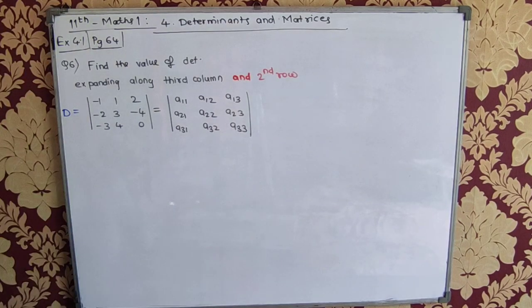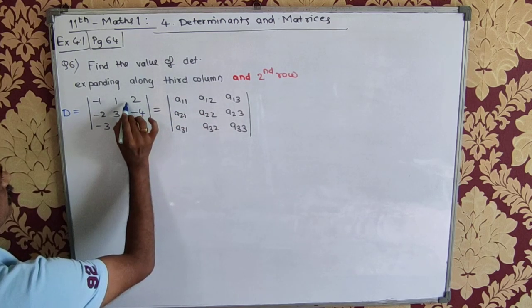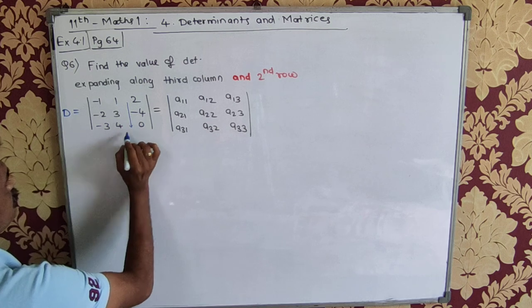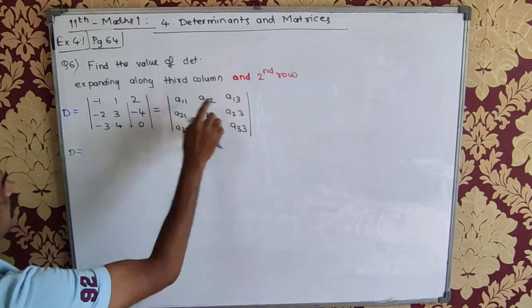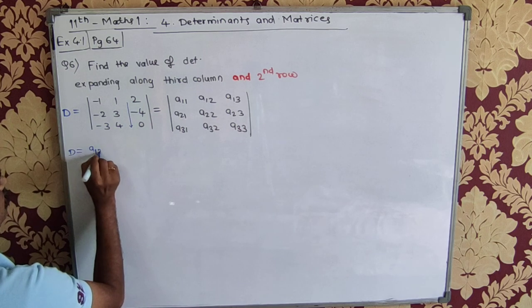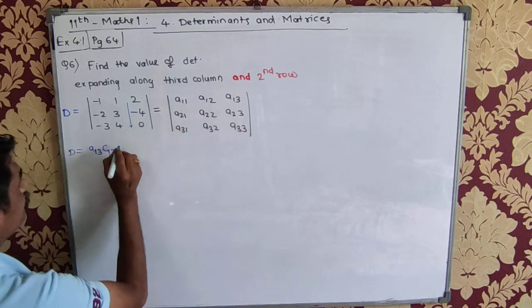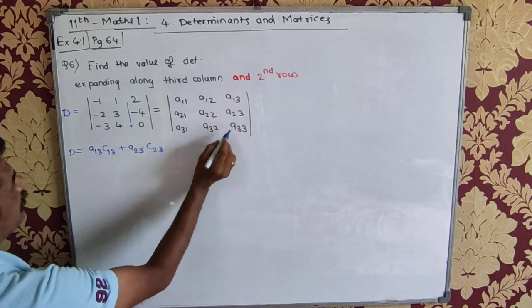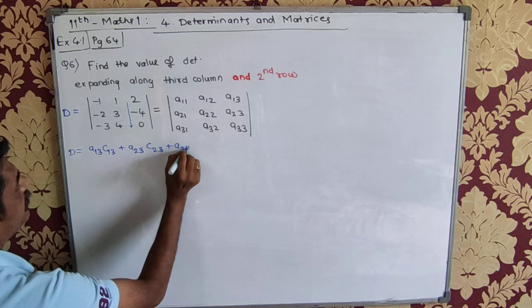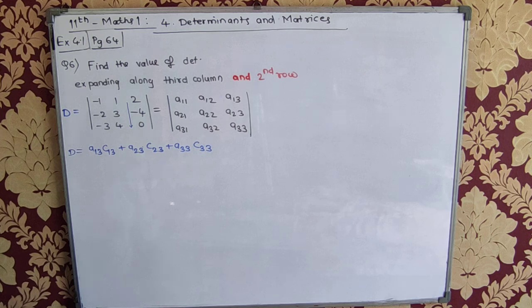If I am expanding this determinant along the third column, मतलब this, then D is equal to A13 C13 plus A23 C23 plus A33 and C33. This is the formula.